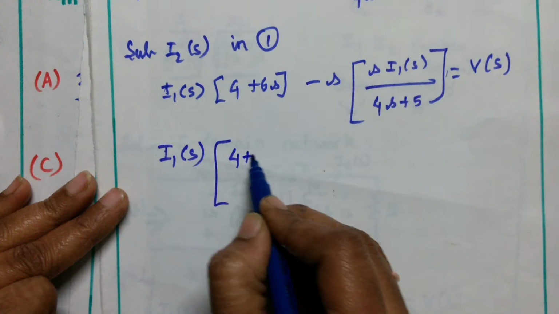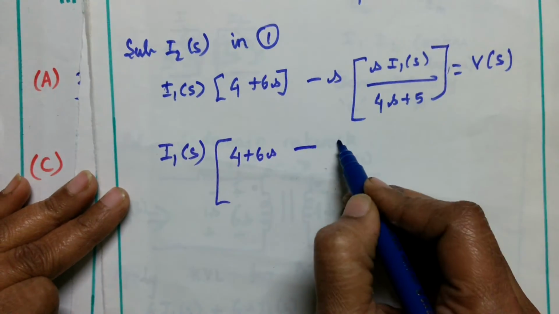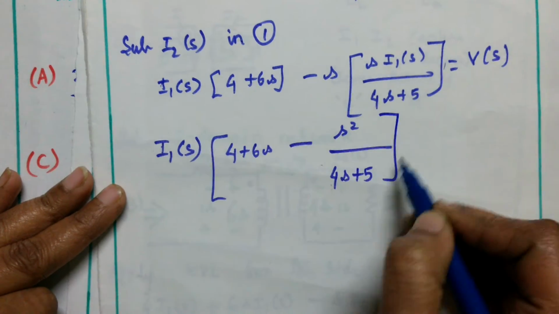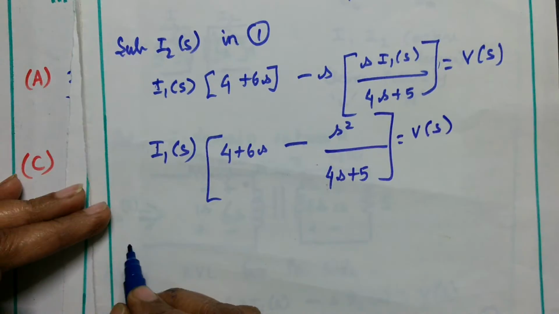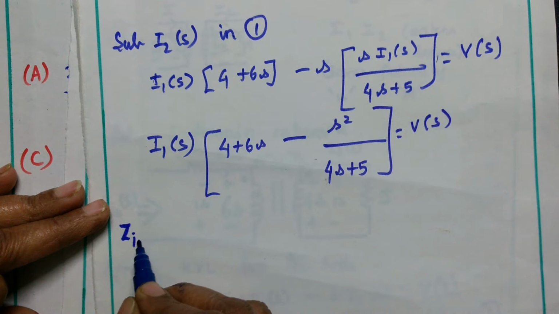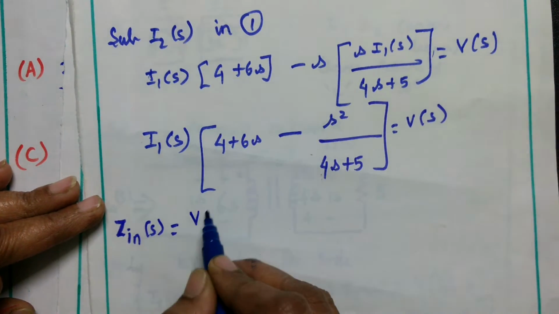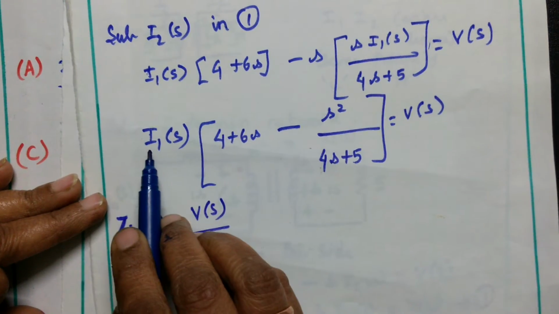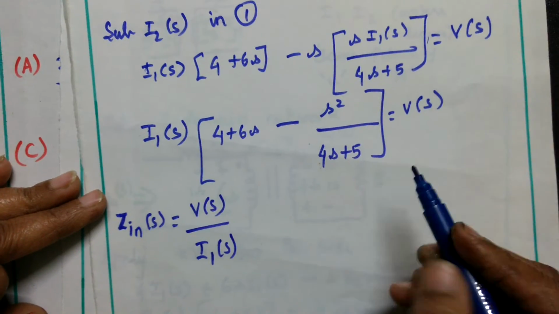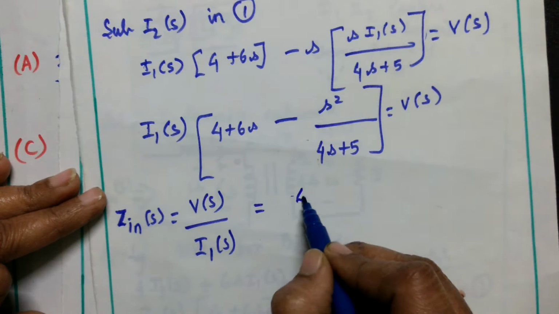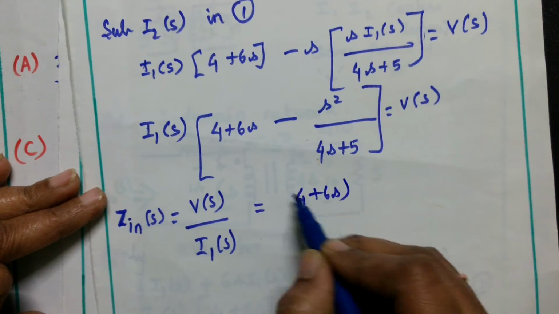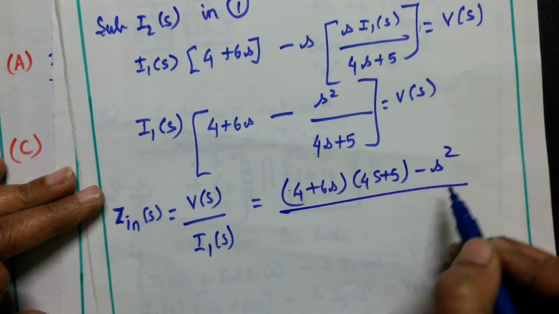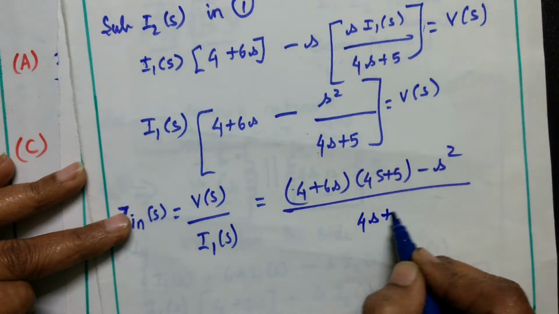So 4 plus 6s minus S into S square by 4S plus 5 equal to V of S. So we are going to find Z in of S, that is equal to V of S by I1 of S. So transferring this I1 of S to this side, this will become 4 plus 6S into 4S plus 5 minus S square by 4S plus 5.